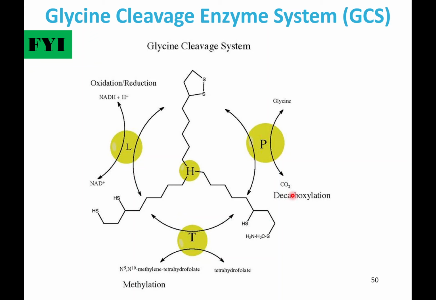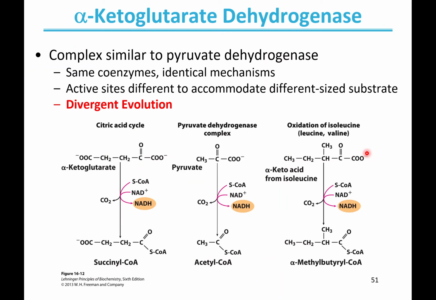It takes a CO2 off a glycine, sticks it to a lipoic acid, which then moves that remaining part of glycine from the lipoic acid and sticks it to tetrahydrofolate. Okay, and then the L protein is recycling the lipoic acid and generating NADH.